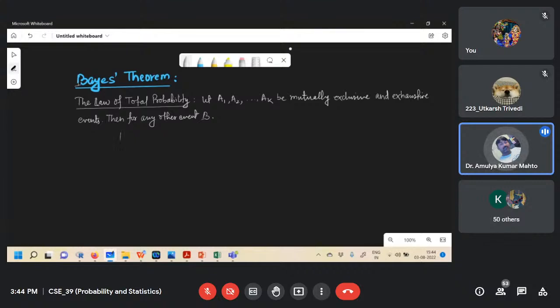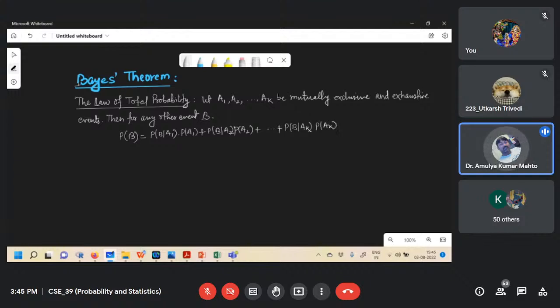So you can rewrite the probability of B using these events A1 to AK as probability of B given A1 into probability of A1, plus probability of B given A2 into probability of A2. Similarly, you add it up to the kth term, probability of B given AK into probability of AK.